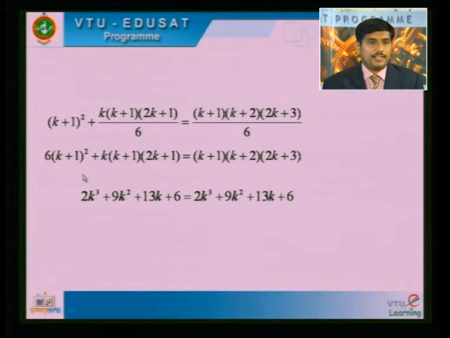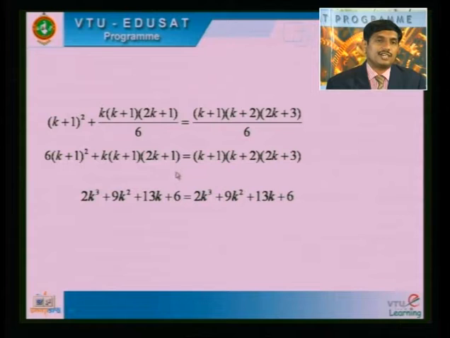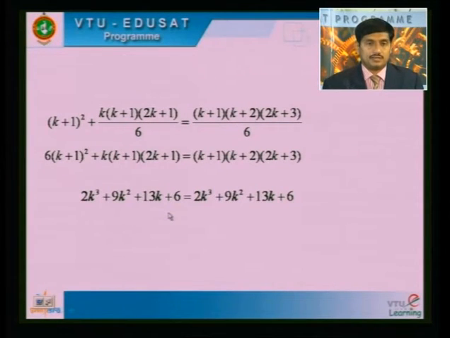If you simplify this, multiply these 3 values as well as expand the a plus b the whole square, you get 2k cube plus 9k square plus 13k plus 6. Similarly, in the right hand side also, the product of k plus 1, k plus 2 into 2k plus 3 becomes 2k cube plus 9k square plus 13k plus 6.